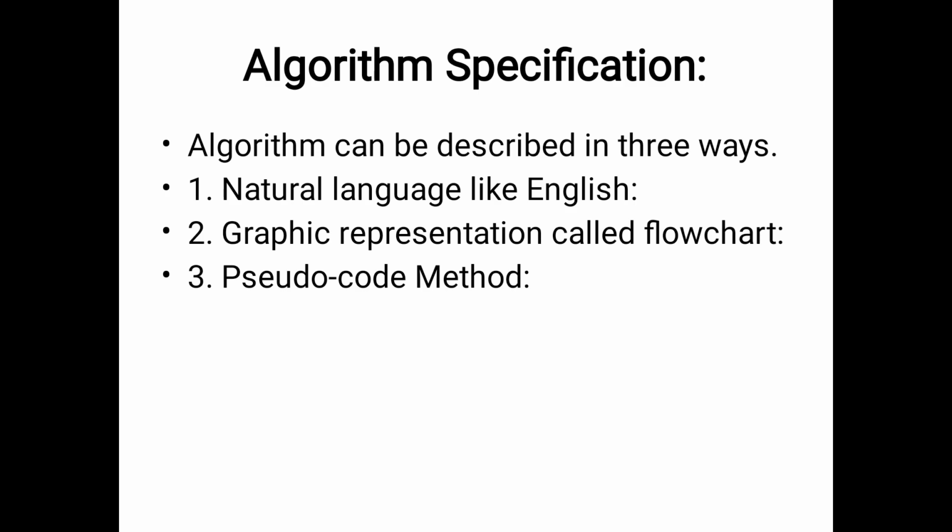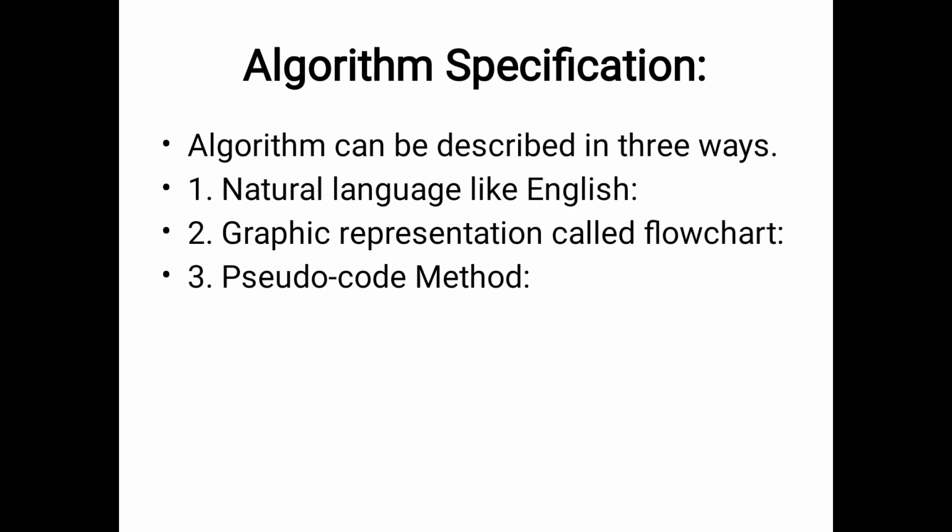First step, read the four subject marks. Then calculate the average by summing and dividing by four. Third step, total equals s1 plus s2 plus s3. This is how we write it in English. This is simple.